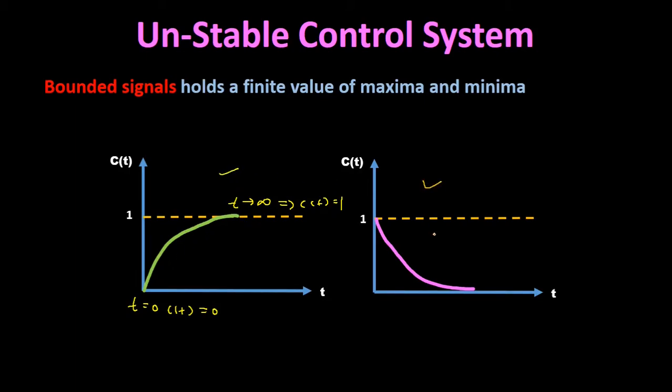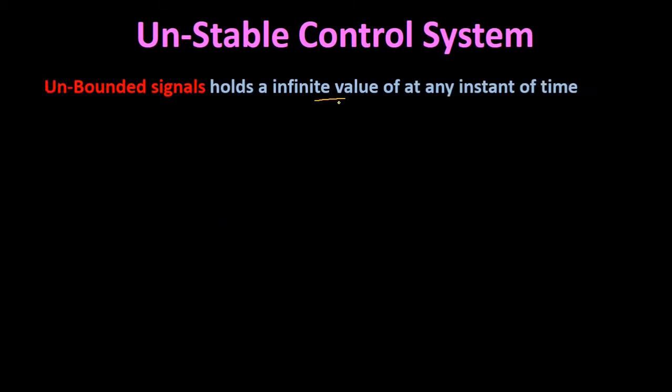And in this signal also minimum value exists at t tends to infinity, which is equal to 0, and maximum value exists at t is equal to 0, which is equal to 1. Therefore, both these signals are examples of bounded signals because they have finite value of maxima and minima. And unbounded signals holds a infinite value at any instant of time.